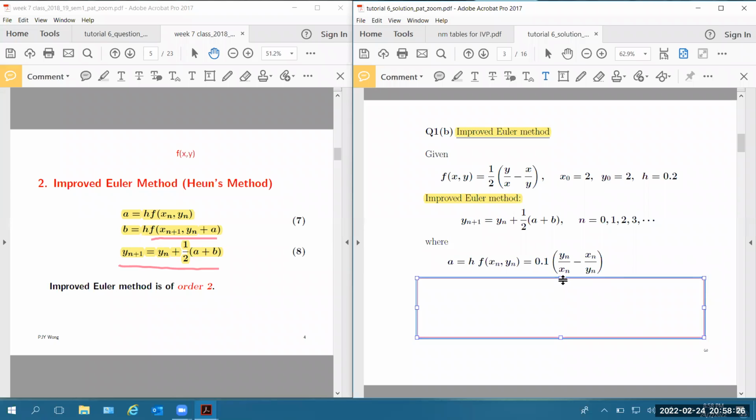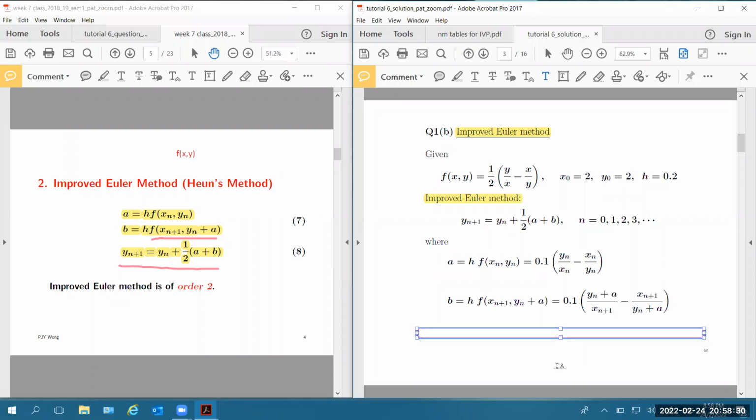Okay. And then we also need to write down the B. So this one is the B. f(xn plus 1, yn plus A). So you notice that here, your x is substituted by xn plus 1, right?